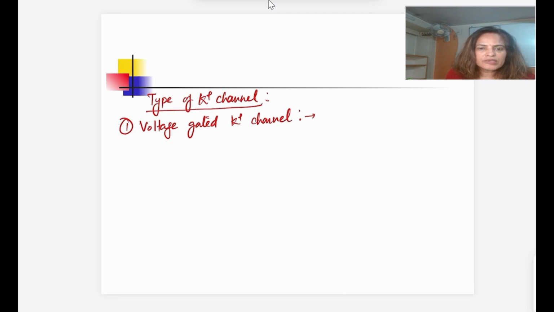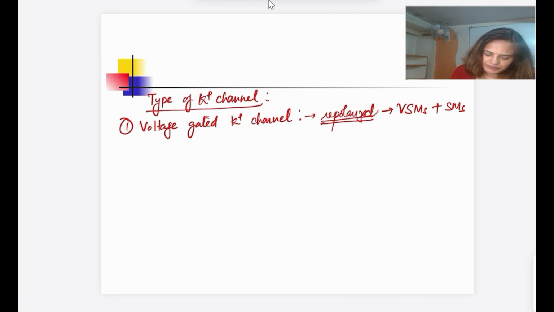This channel opens and brings the cell back to the repolarized state. It is mainly present in vascular smooth muscle plus other smooth muscles, and it is going to cause repolarization.